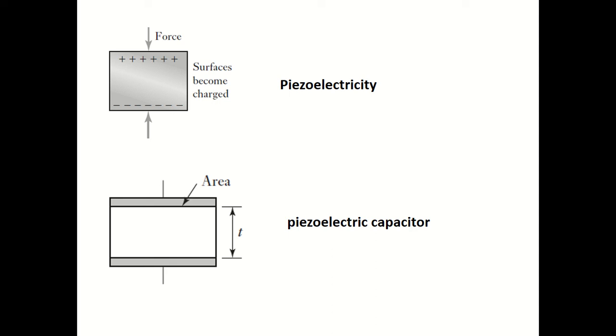So for example, the net charge Q on the surface is proportional to the amount x by which the charge has been displaced.